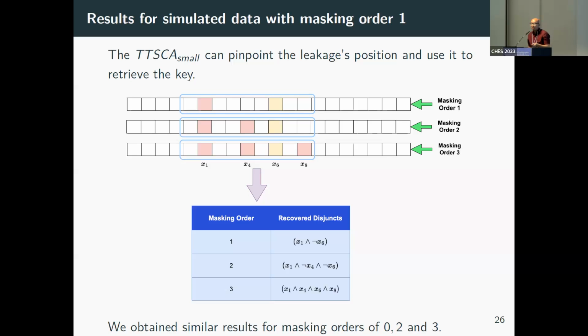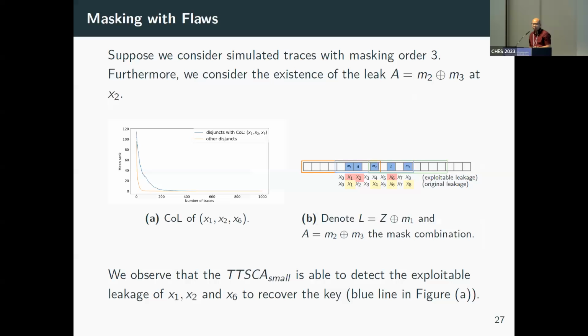Then we obtain a similar result for other masking orders: order 0, order 2, and order 3. In this table, we show an example of the disjuncts that have been recovered. Then we explore whether the TT-SCA small is able to recover the key using exploitable leakages. Suppose now we have a masking order 3.